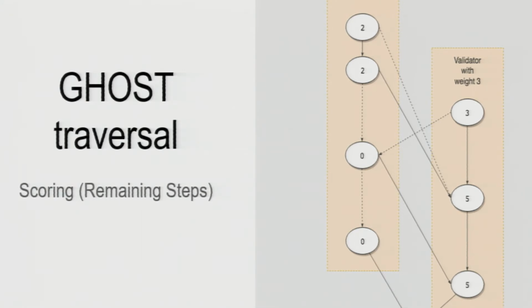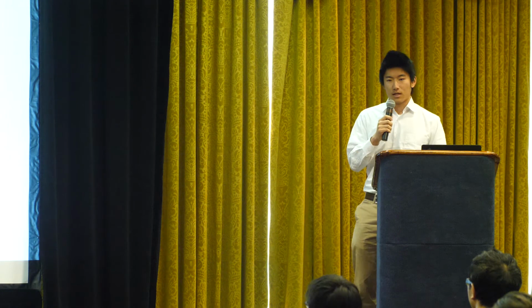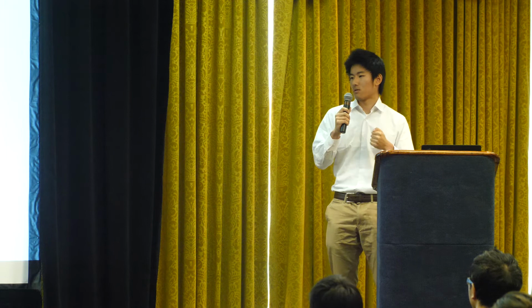When we do this, we end up with this scored DAG. As you can see, in the areas where both validators have added weight, you see the number 5, because 2 plus 3 is 5, and that is the weight that is added. Once you have gone through and scored the DAG, you can pick the highest scored choices as you go up.